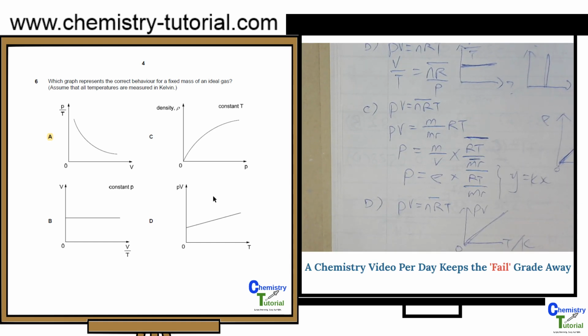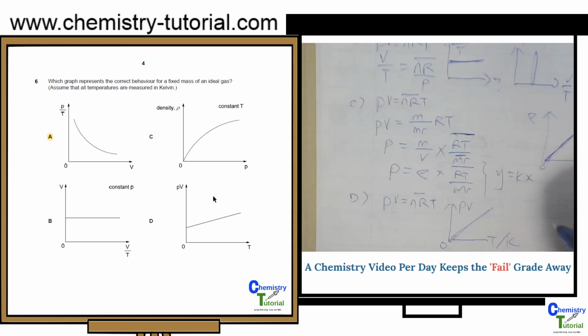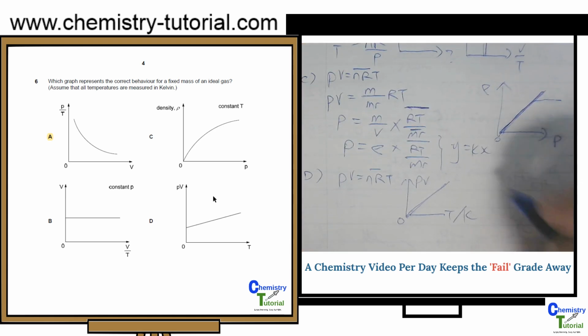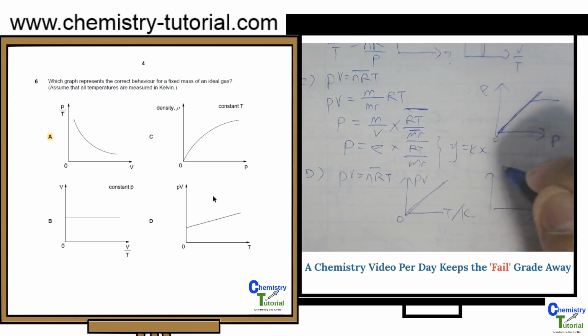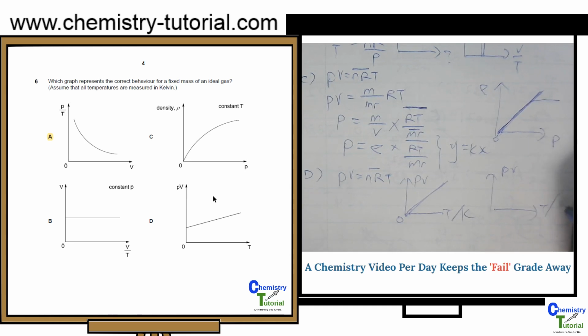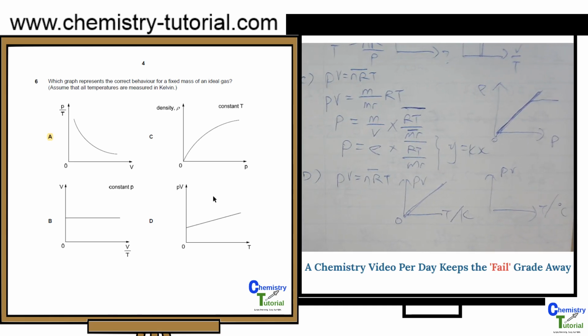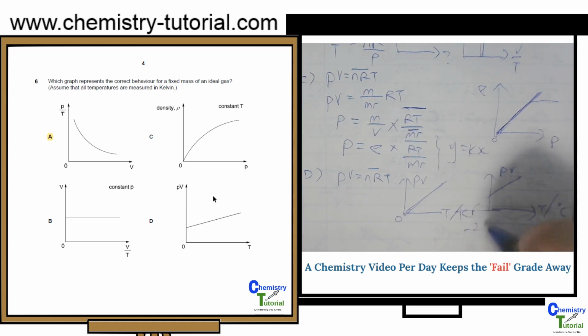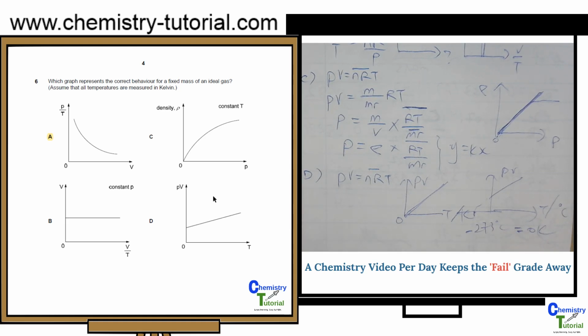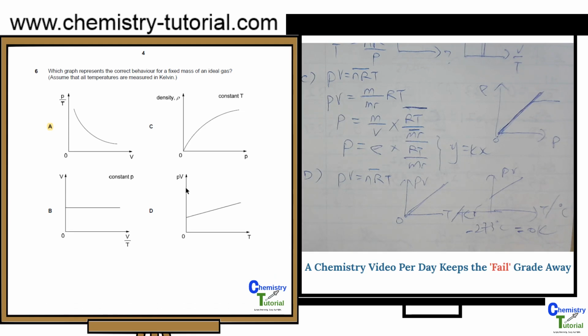In order to get the graph suggested by option D, we can get that. However, this T must be expressed in degrees Celsius, so that over here we have minus 273 degrees Celsius, because that's your 0 Kelvin. Therefore, the answer for question 6 is option A.